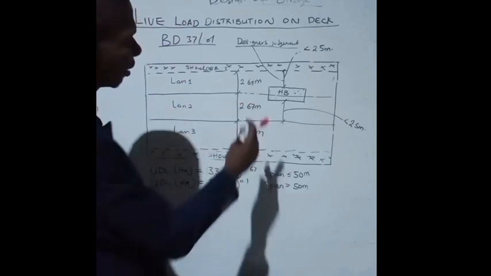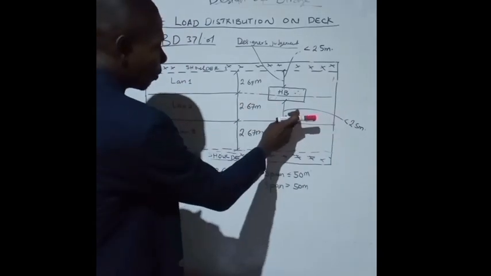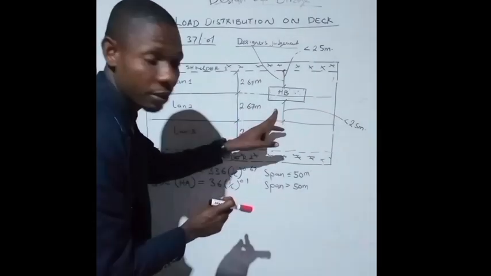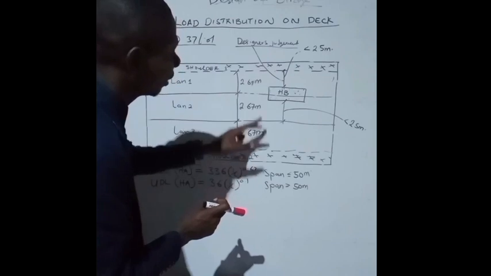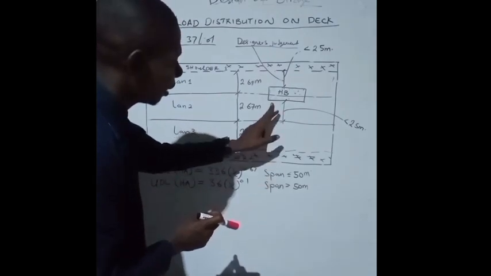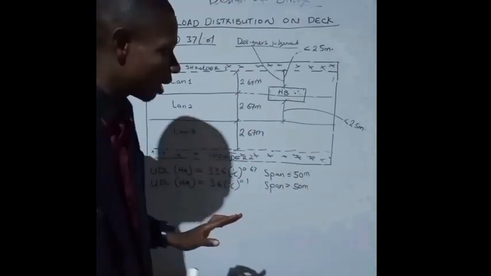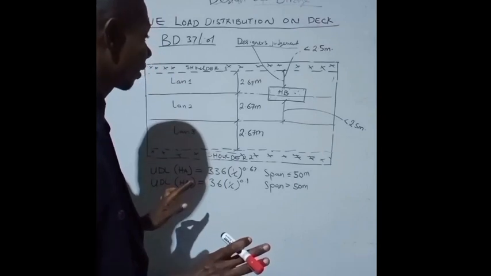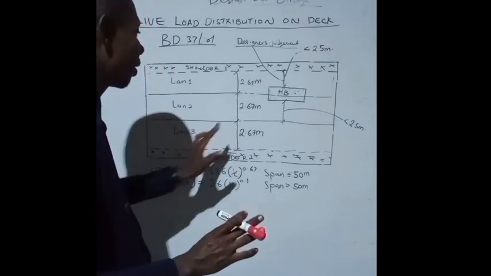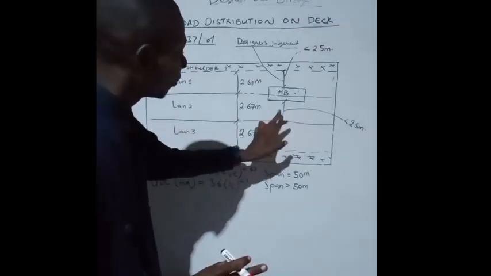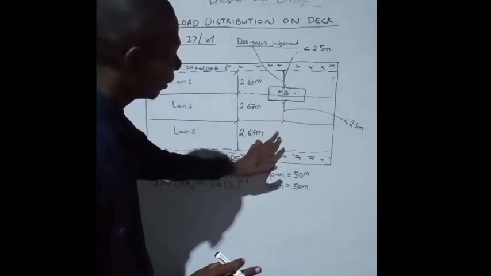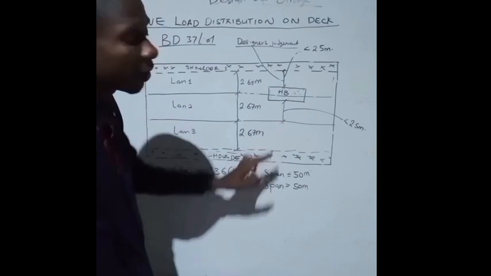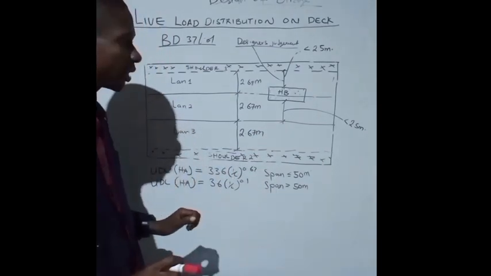Now let's look at it. If we have this less than 2.5, for example, here we're having 300, and earlier we were having 200, our HA load is extended. Now, the second scenario we are going to have is a situation of this same nature, but then we are having the distance between here and here to be greater or equal to 2.5 meters.